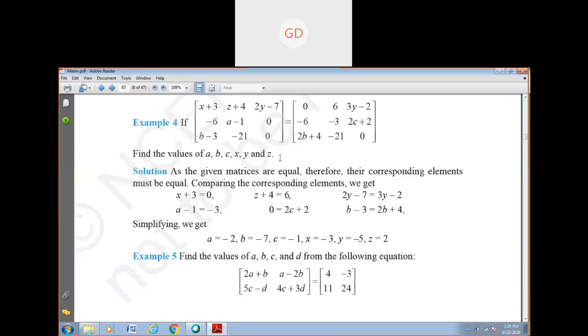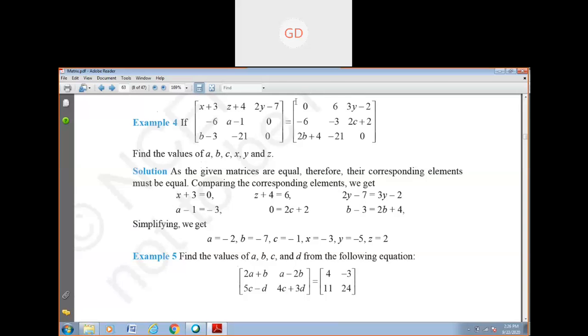Very simple. We can go through the concept of equality of two matrices directly. These matrices are given equal, so we can consider corresponding elements equal. So we can write x plus 3, the first element A11, equal to the corresponding element, 0. x plus 3 equal to 0.